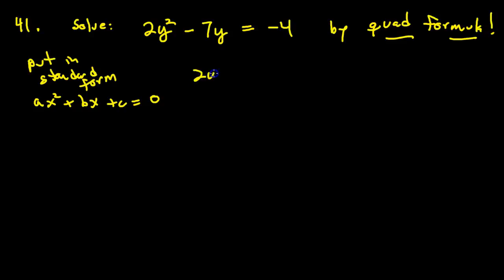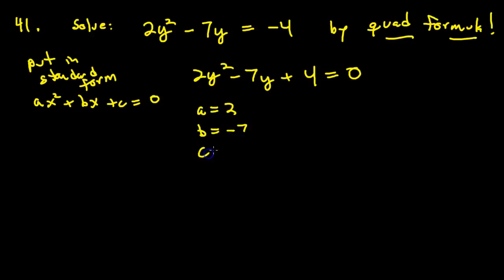All right, so all I've got to do here is add 4 to both sides. 2y squared minus 7y plus 4 equals 0. My lead coefficient is 2. My degree 1 coefficient is negative 7. And my constant coefficient is, of course, 4.